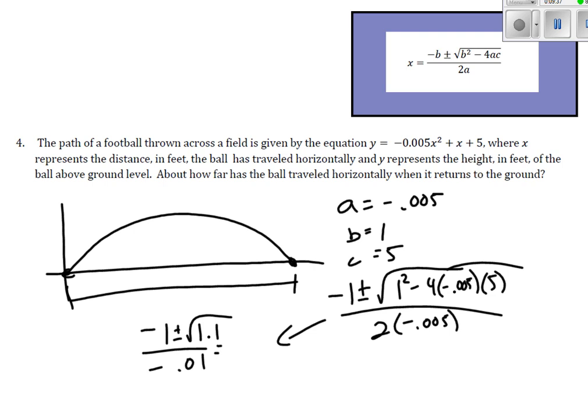So if I did that, let's take the square root of 1.1. Negative 1 plus that, divided by, so one of my answers when I go negative 1 plus this divided by this is negative 4.88.